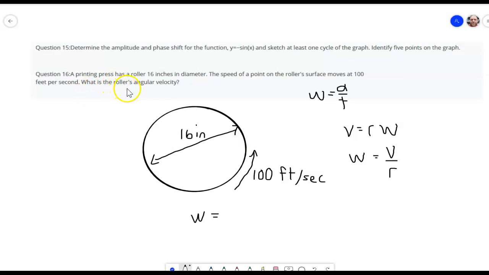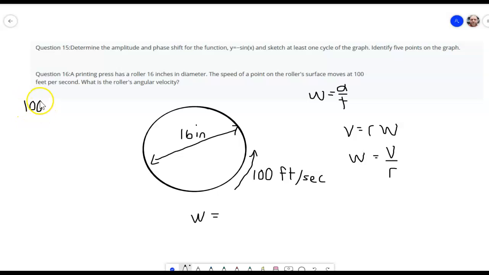In my math lab, they want it in inches per second, so we're going to need to convert this feet into inches.